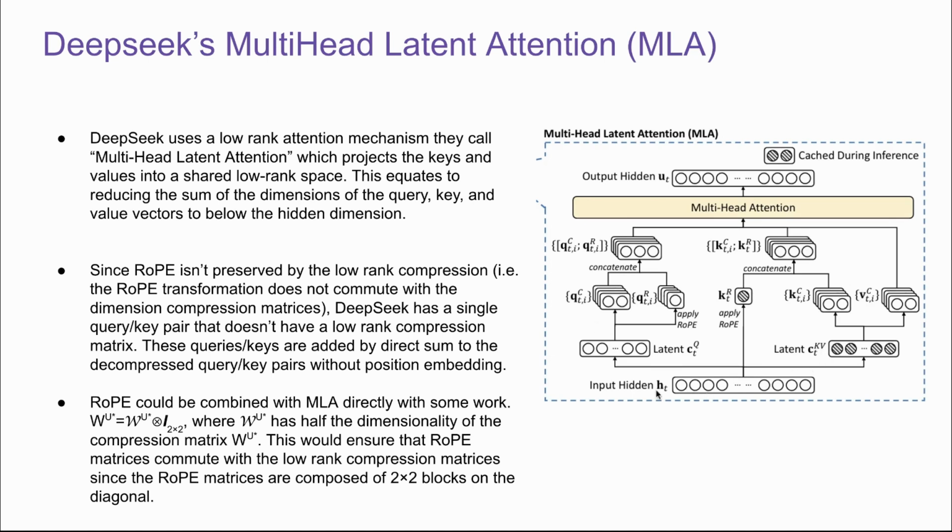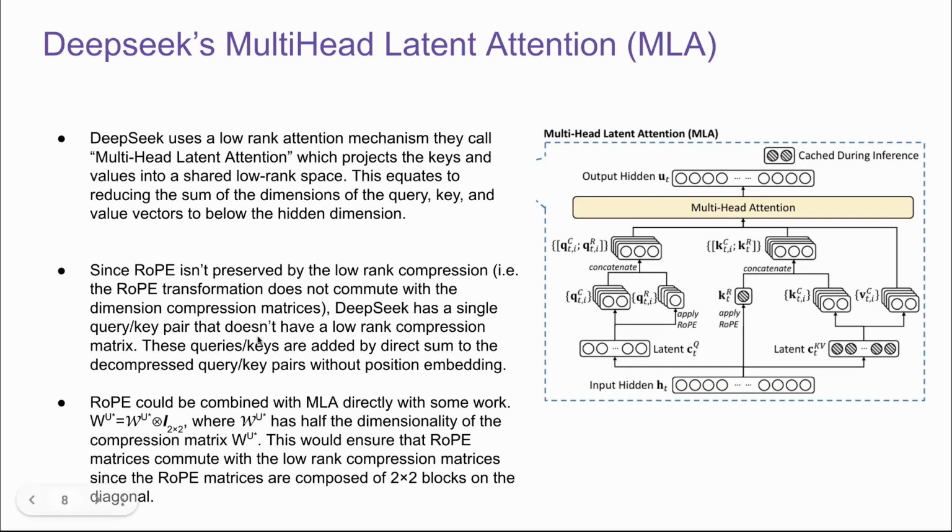So as you can see, this is the original input, and after some compression matrix, it will compress the input to a lower-dimension matrix. One thing is, RoPE isn't simply preserved by the low-rank compression. The mathematical calculation is more complex, so I won't go into too much detail. But that's why DeepSeek uses a pretty smart approach.